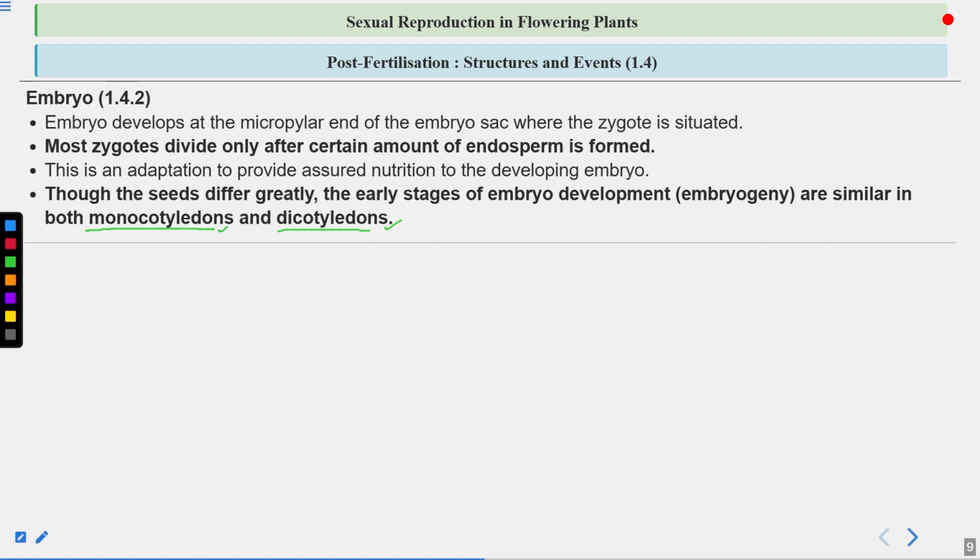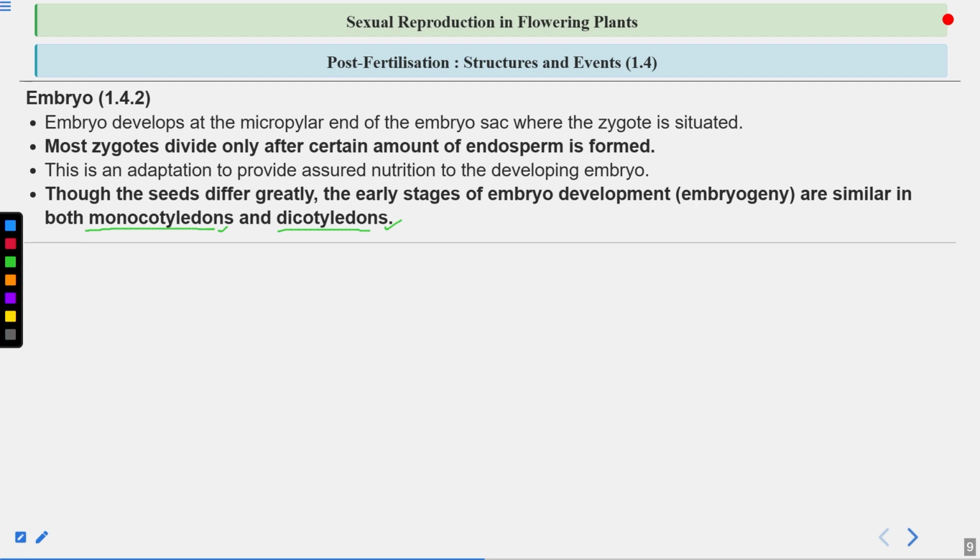If you talk about the root, dicot plants have the tap root system, monocot has the fibrous root system. Now let us talk about the leaf. Dicot will have the reticulate type of venation, whereas the monocot will have the parallel type of venation.